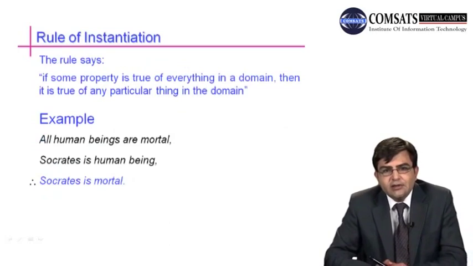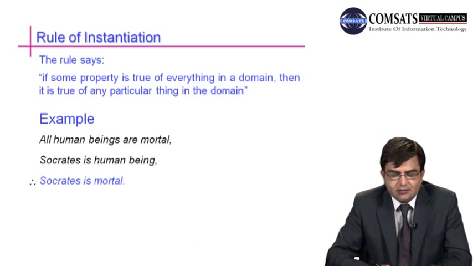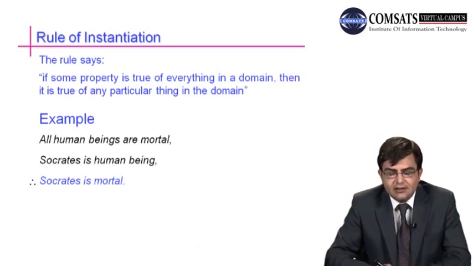Next we see the rule of instantiation. This rule says if some property is true of everything in a domain, then it is true of any particular thing in the domain.